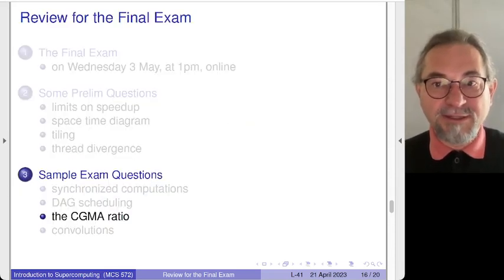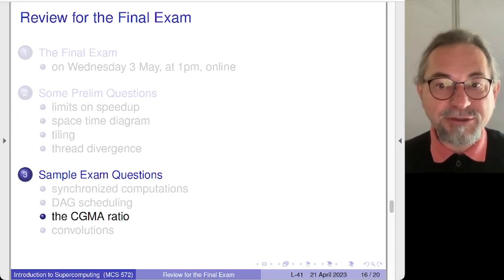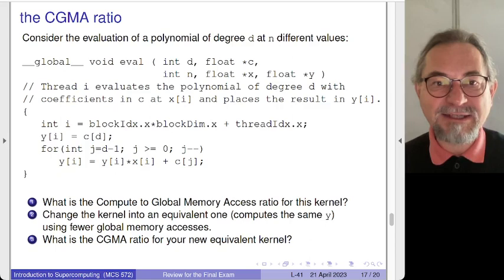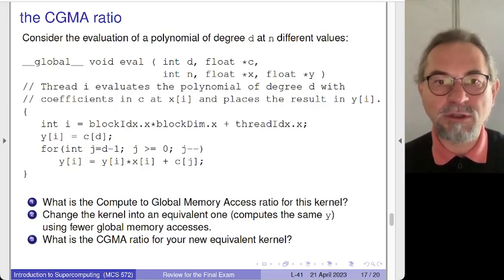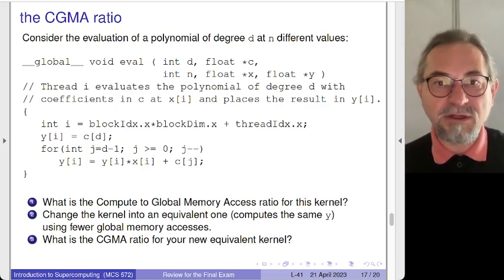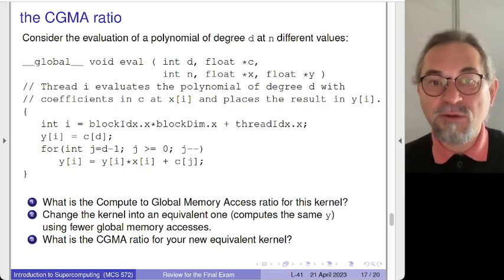All right, then we get to the GPU acceleration. What is the compute to global memory access ratio? Here is a problem of evaluating a polynomial by a kernel, in a data parallel version. We have a vector of n elements, where n should be the size of a warp, at least 32, and a polynomial of degree d.